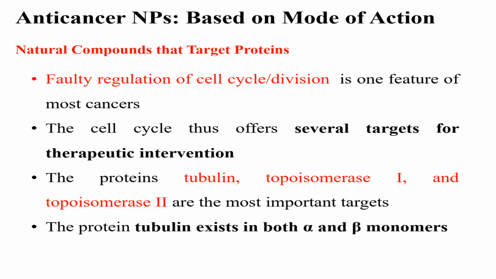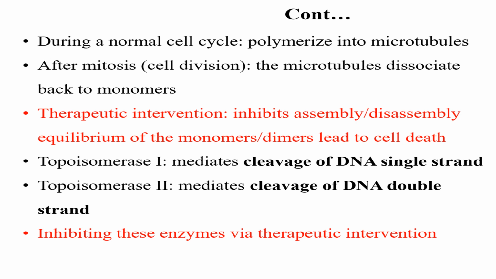The protein tubulin exists in both alpha and beta monomers. During the normal cell cycle, they polymerize into microtubules, and after mitosis or cell division, the microtubules dissociate back to the monomer elements. So therapeutic intervention in this assembly or reassembly equilibrium of the monomers or dimers leads to cell death, maybe due to apoptosis, necrosis or autophagy. Topoisomerase I can mediate the cleavage of DNA single strand, whereas topoisomerase II can mediate the cleavage of double strand.